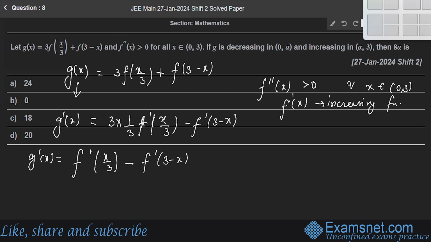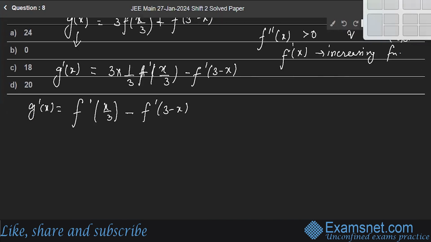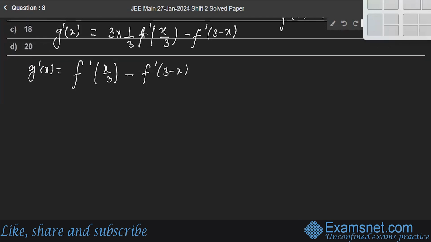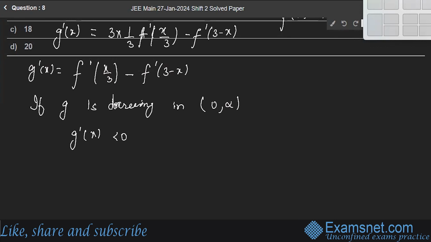Now you're given in the question that g is decreasing in this interval and increasing in this interval. Let's write down, if g is decreasing in 0 to alpha, that means g dash x is less than 0, right? And g dash x, it was this. f dash x by 3 minus f dash 3 minus x is less than 0.